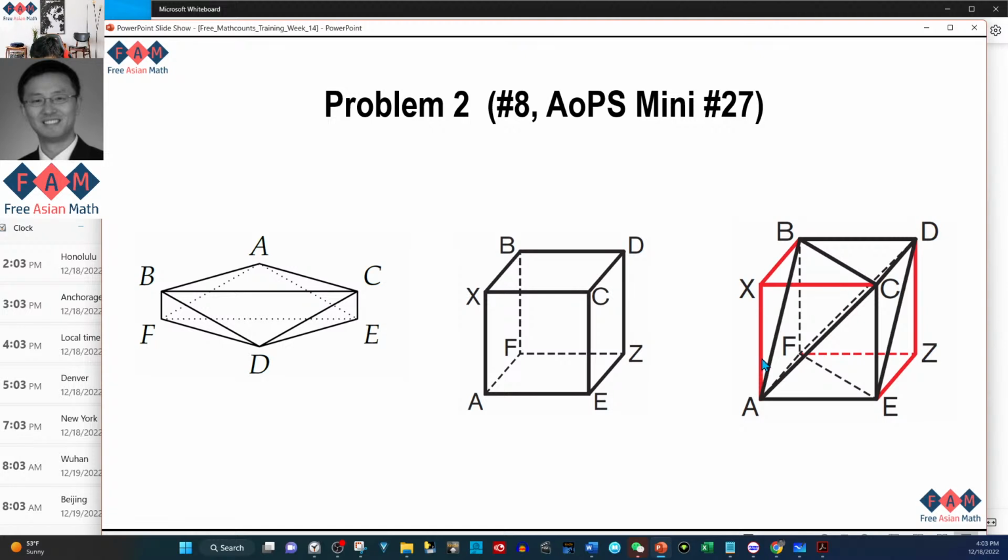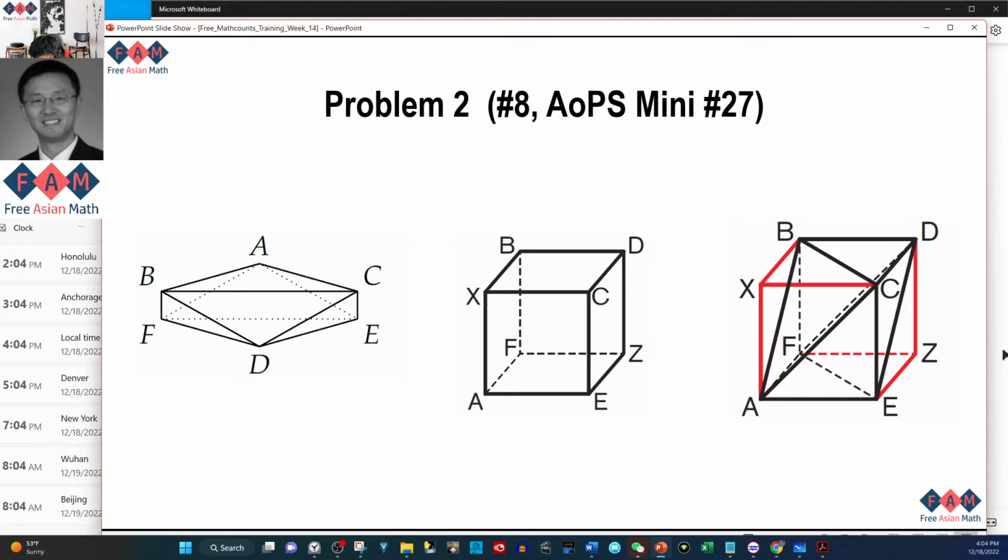Then the height would be XA, which is perpendicular to triangle XBC. In other words, you just rotate this a little bit, choose an easy to compute surface as the base, then the height of this pyramid will be very easy to get, which is just the side length.